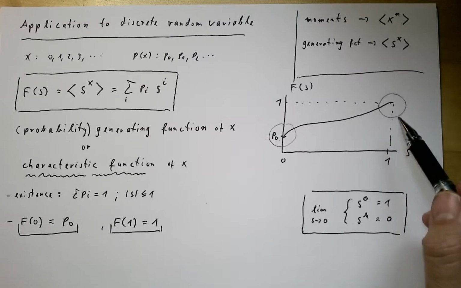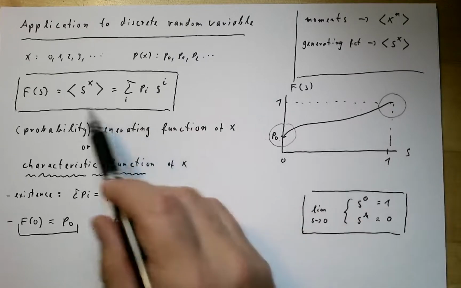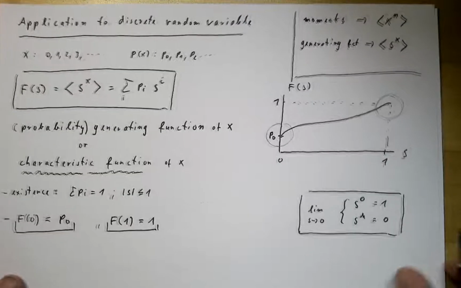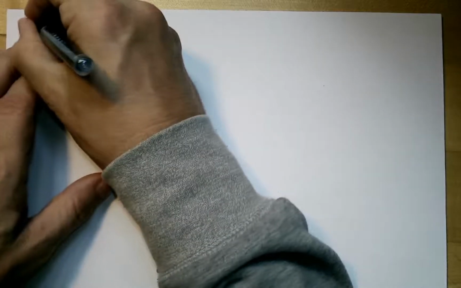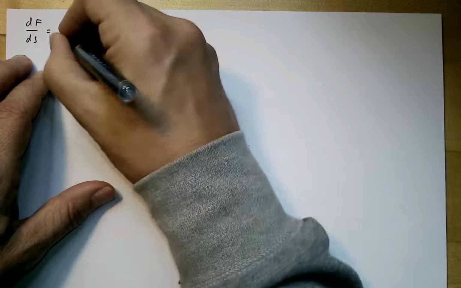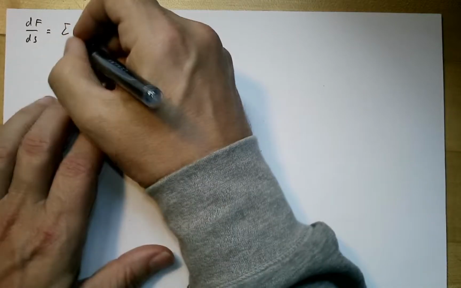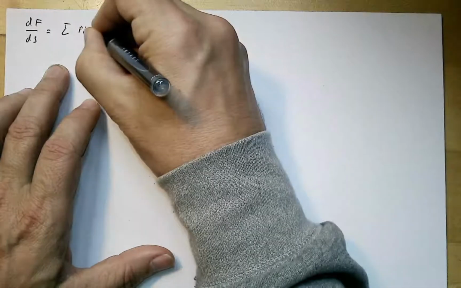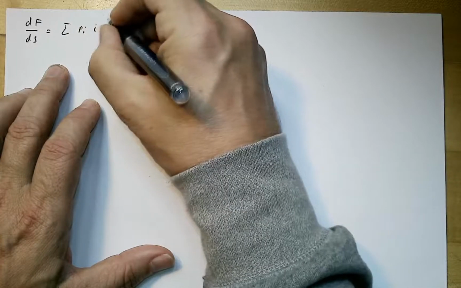For this, maybe we should first look at the derivative of this F of s. Maybe I start a new paper for this. What is the derivative? dF over ds. You just take the derivative in our sequence. So we have our p_i and then i times s to the power i minus 1.